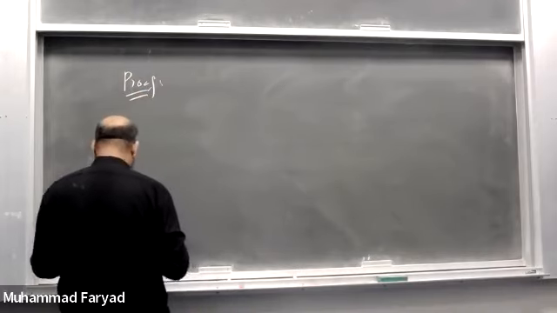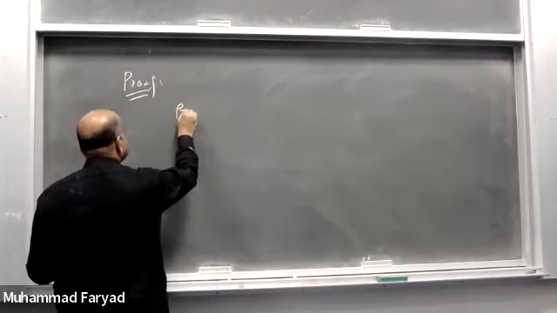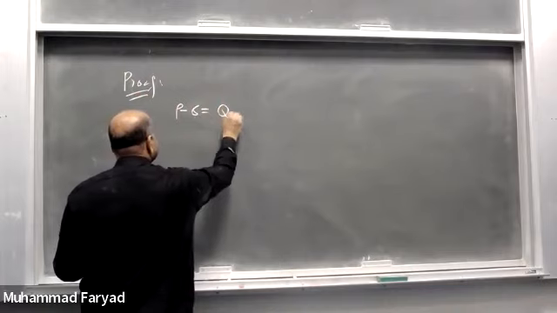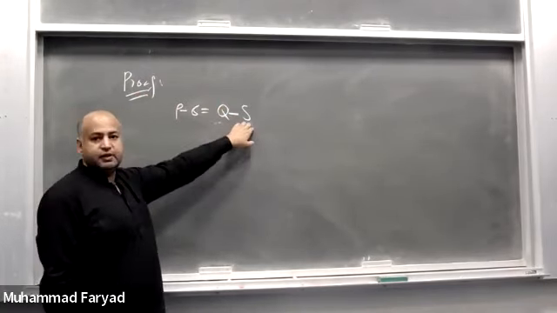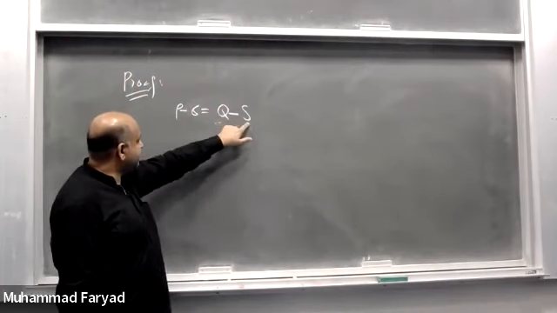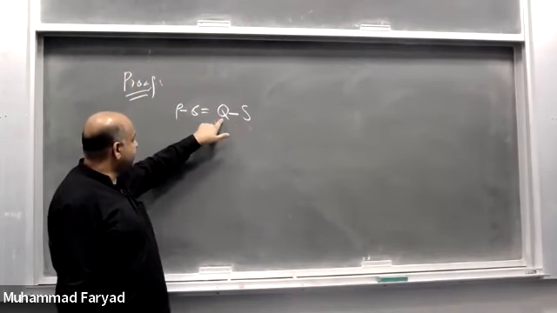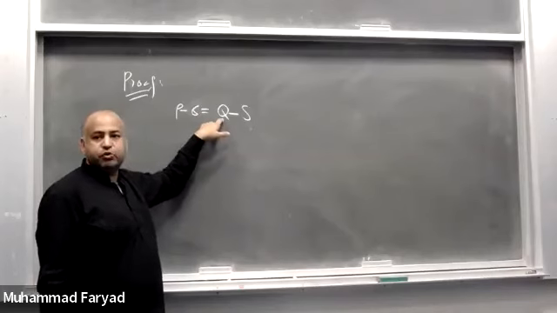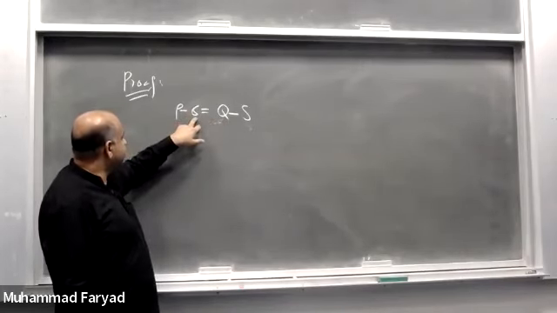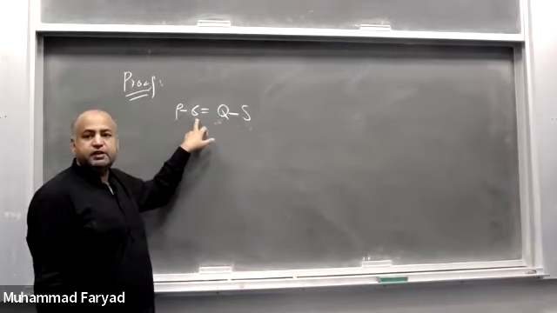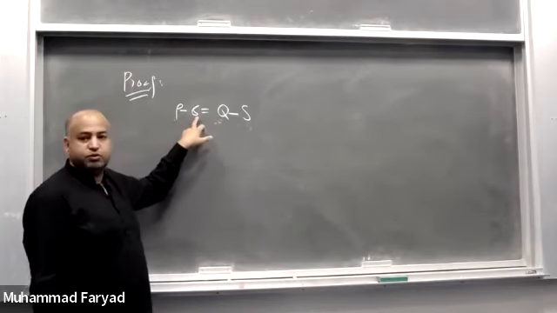So we can show that rho minus sigma can be written as Q minus S, such that Q and S are positive operators with orthogonal support. In general, these rho and sigma are positive operators, but they are not on orthogonal support.